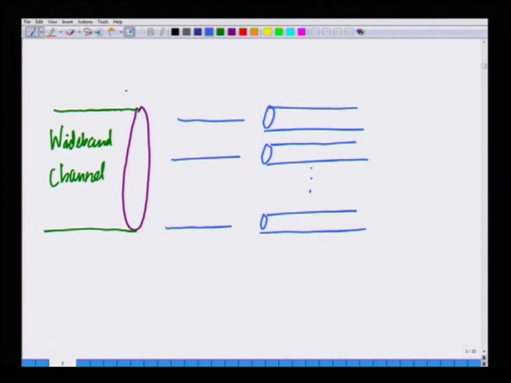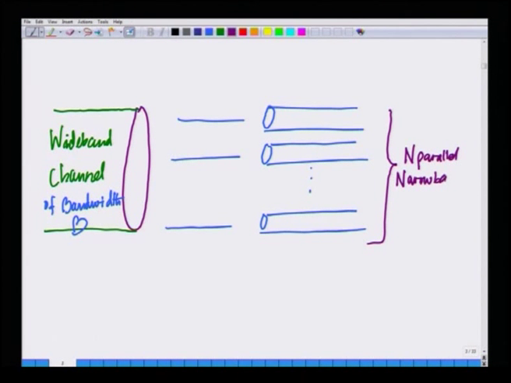So I have a wide band channel of bandwidth B. I have used OFDM to convert this into a set of N parallel narrowband channels.